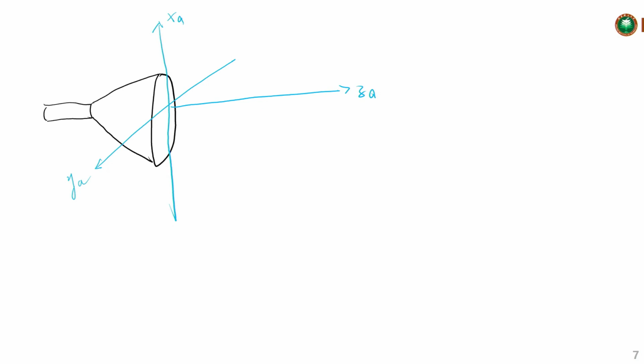Previously we used XA and YA to express the electric field in the plane of the aperture. Here we want to express it in a polar system. We use RA and phi A to represent that.